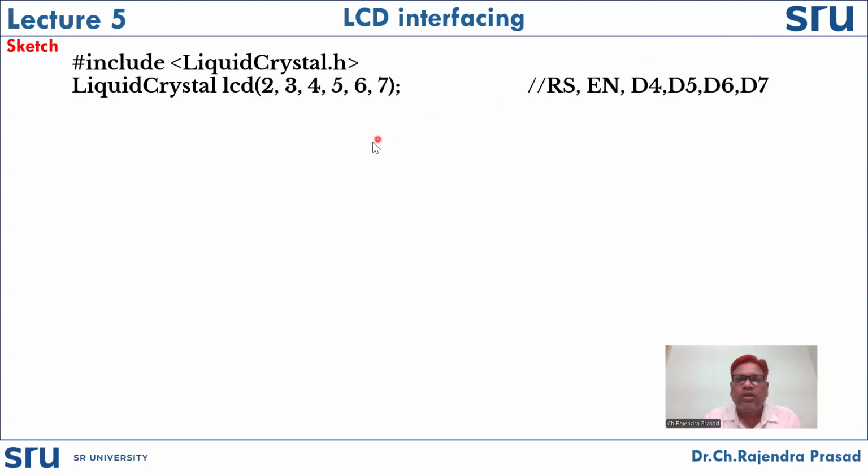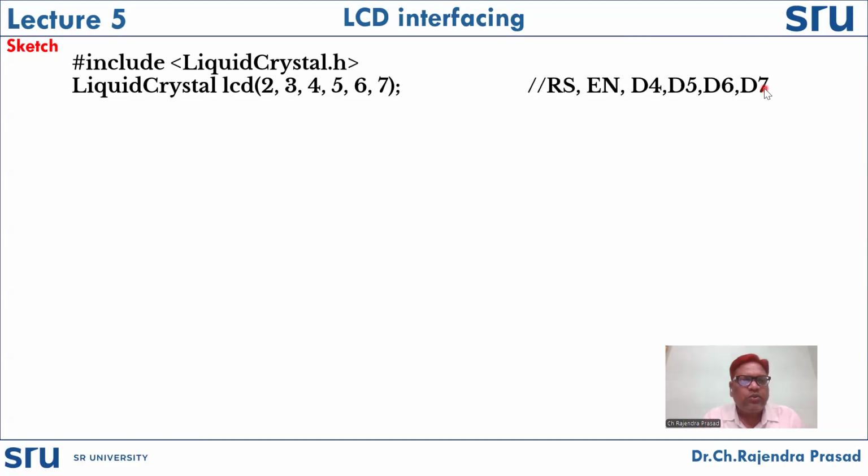As per our circuit diagram, I used these pins in the same order. Whatever pins you used for the LCD should be represented here in the form of RS, enable, D4, D5, D6, and D7 in the sequence only.